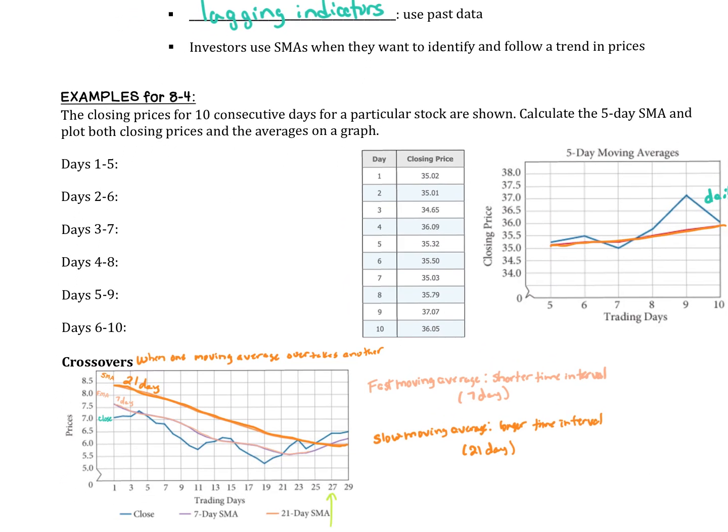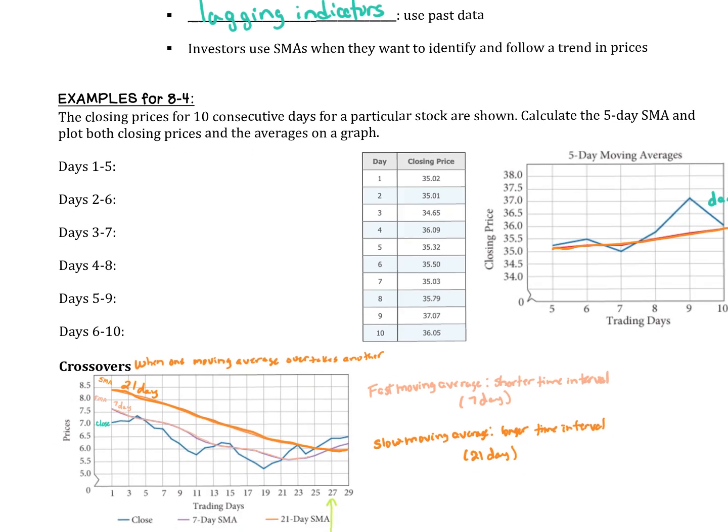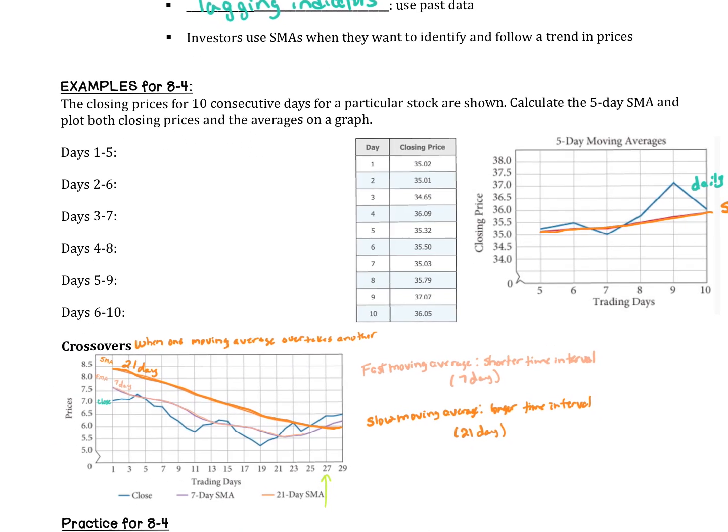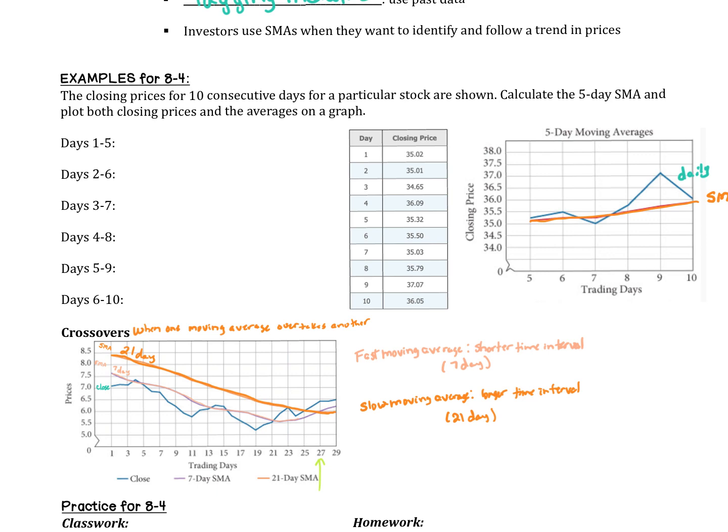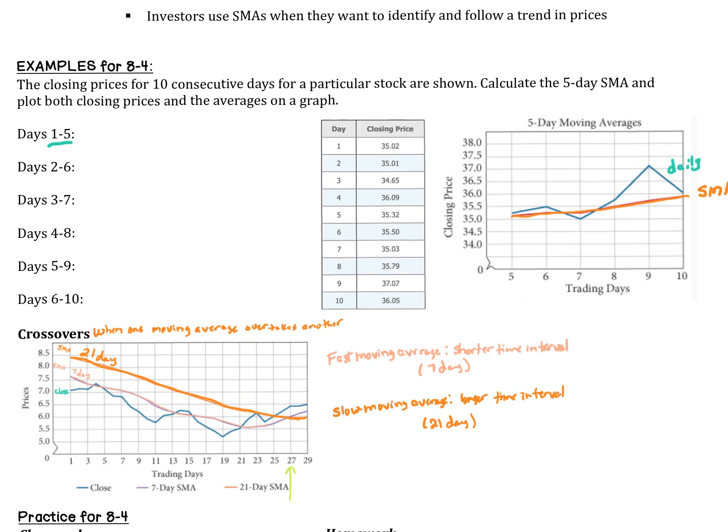So we are looking at past data, right? So it says the closing prices for 10 consecutive days for a particular stock are shown. Calculate the 5-day SMA and plot both closing prices and the averages on a graph. Okay. So for days 1 through 5, that truly means that you are looking at those particular values, and those are getting added up and divided by 5.